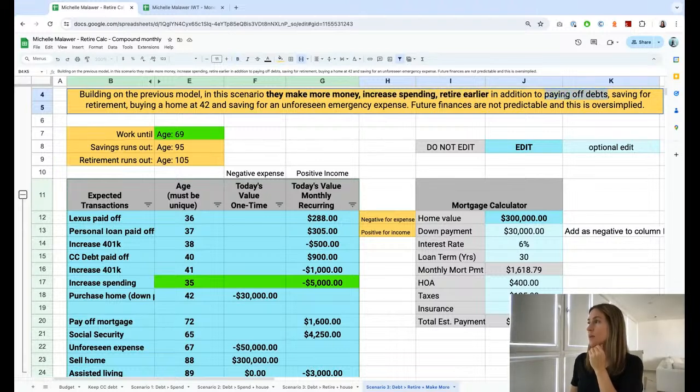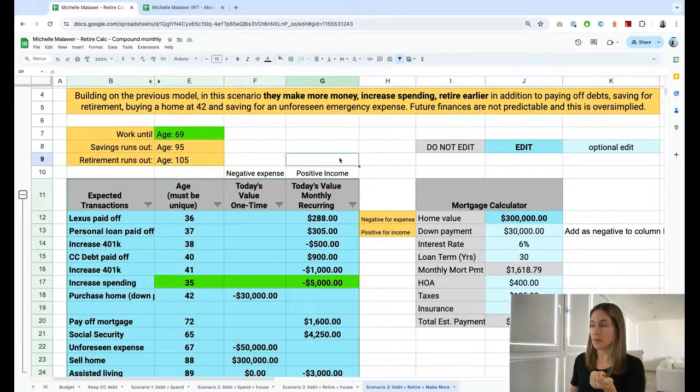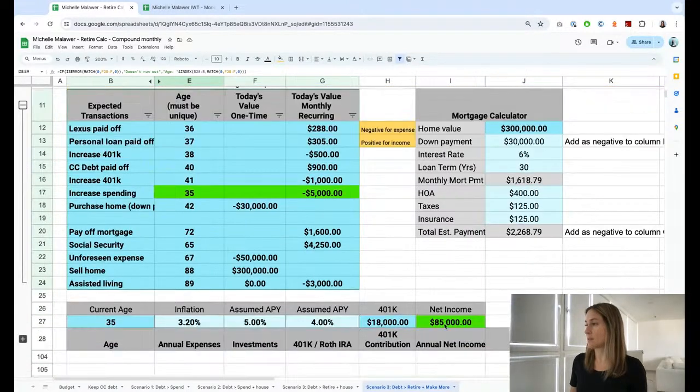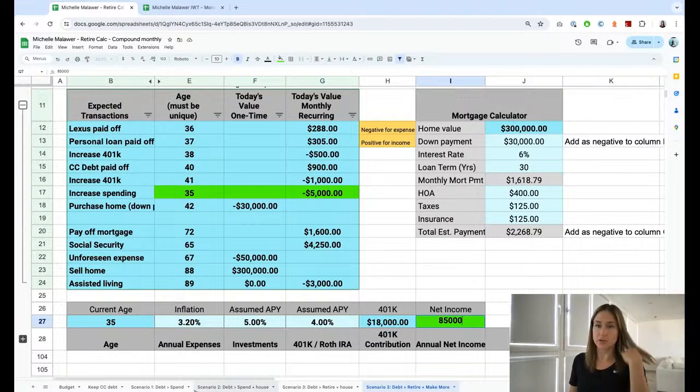In addition to, they pay off their debts, they start saving for retirement, they buy a home at 42, and they build an emergency fund. But the key difference is that they start to make more money and they can retire at 69 and their savings will last them their lifetime. So this is a difference of about $20,000 in net.